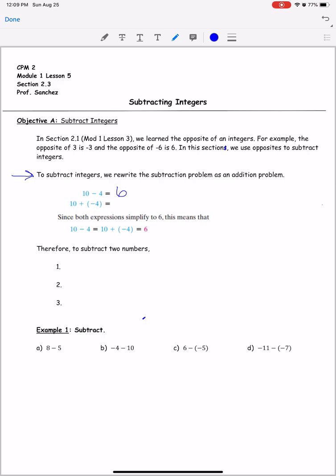So when we subtract two numbers, the first thing we're going to do is keep the first number.